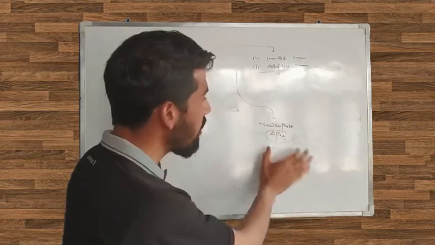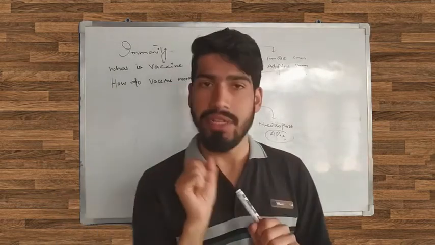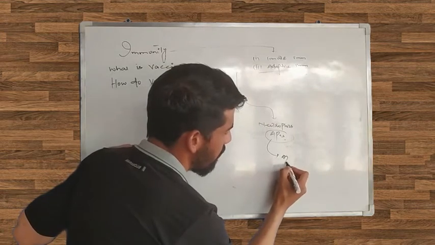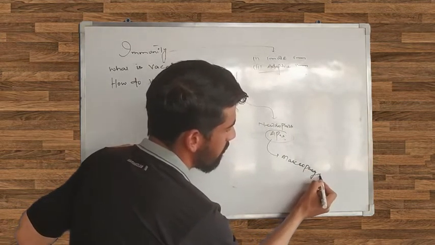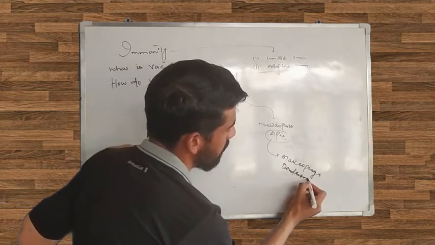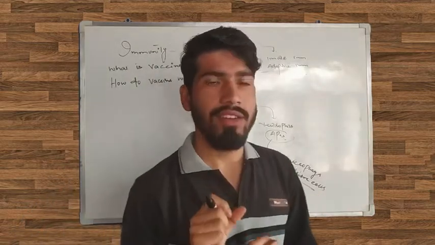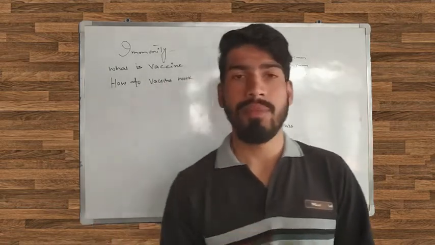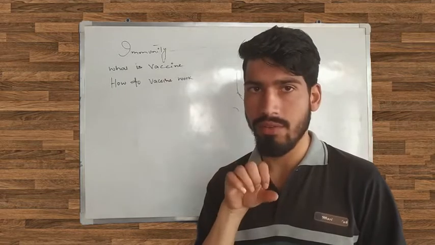Then there are the antigen presenting cells, which are macrophages and dendritic cells. Why do we call them antigen presenting cells? What actually happens when the pathogen makes entry in our body?